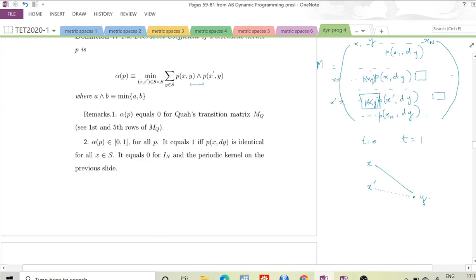Whereas if the minimum of these two numbers is positive, that means that p(x, y) is positive and so is p(x prime, y). And so if you start the Markov chain at these two different states today, they will hop to the same state y tomorrow with some positive probability.